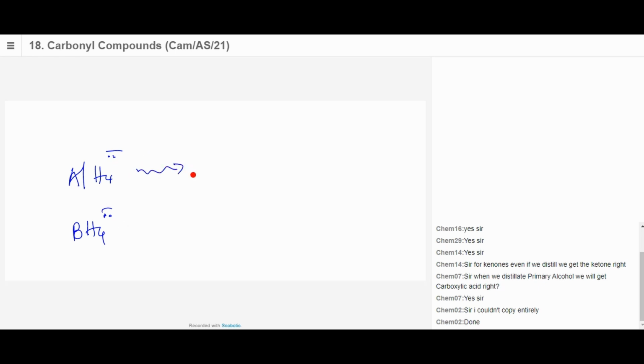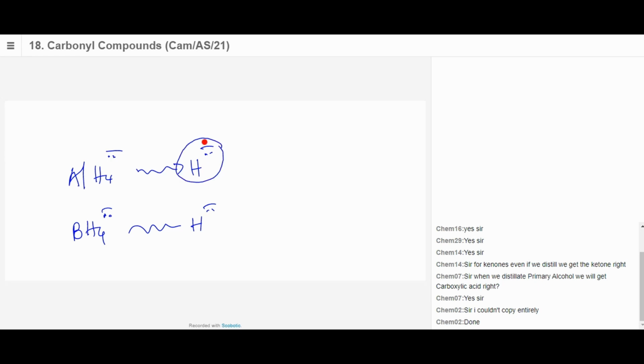These ions produce the hydride ion, whereas hydrogen gas produces the hydrogen ion, H plus. H plus is known as hydrogen ion, H minus is referred to as the hydride ion.